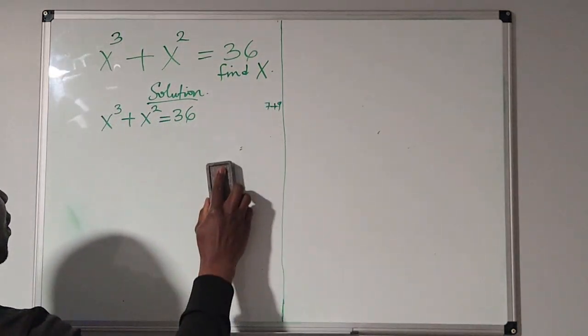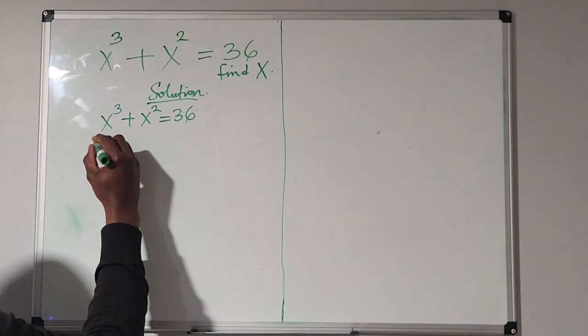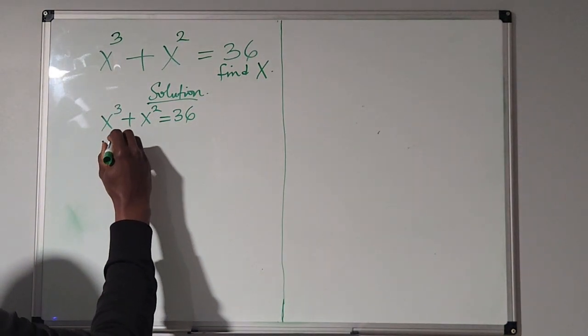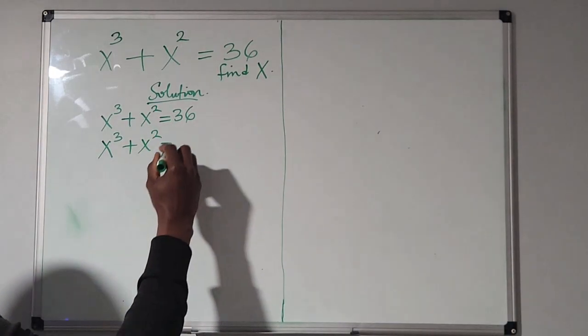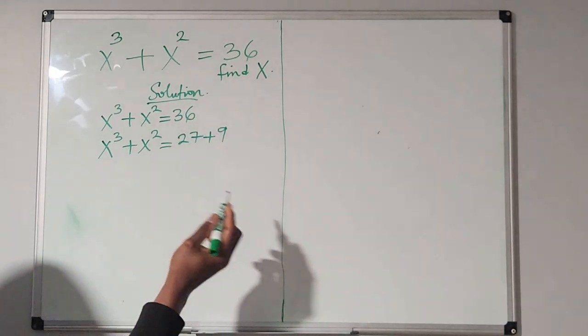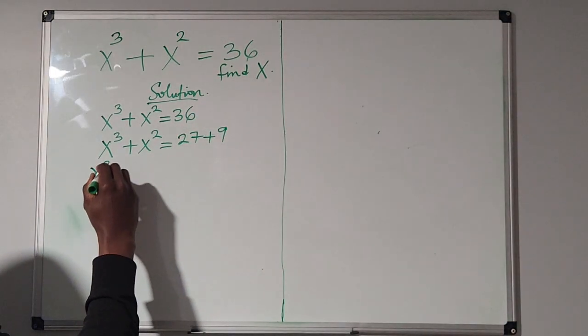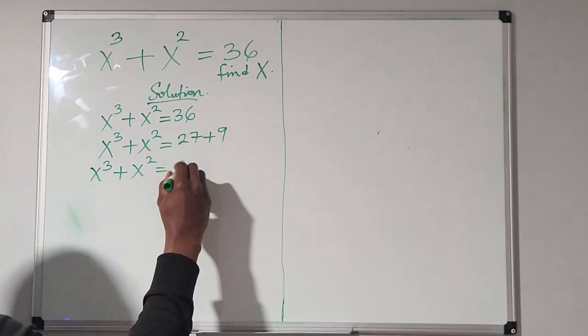Okay? So now let's rewrite the left-hand side. So we have x raised to power 3 plus x squared equals 27 plus 9. That will give us 36. So let's rewrite this in the power form.